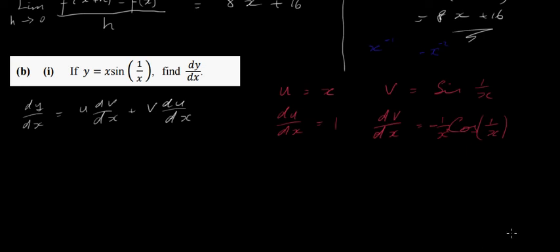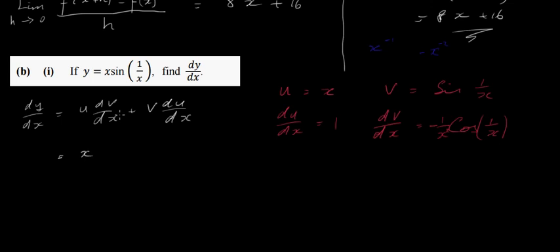Okay, so these are the different things we need to put into this formula, so let's do that. dy dx is going to be u, which is x, du dx is just 1. No, sorry, let me go back a little bit.